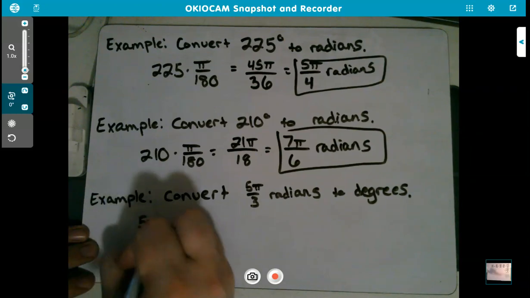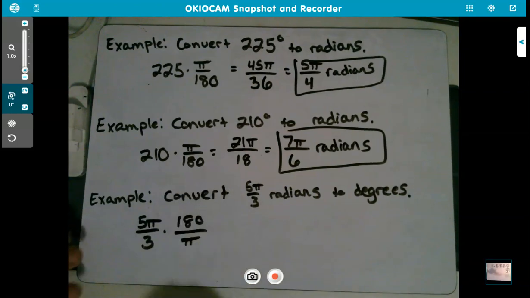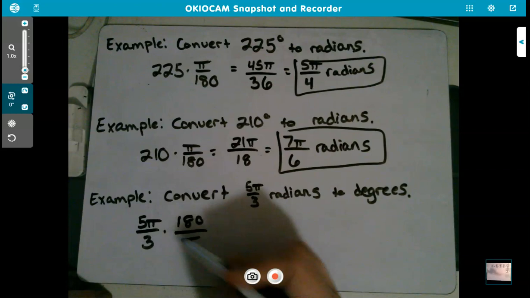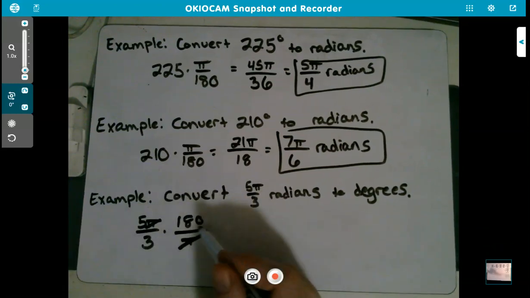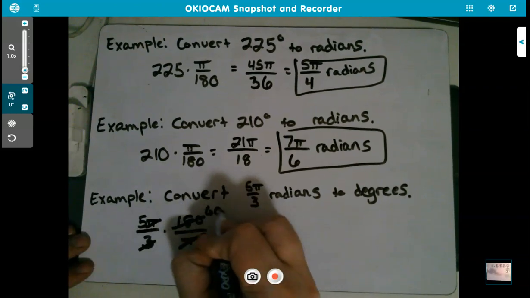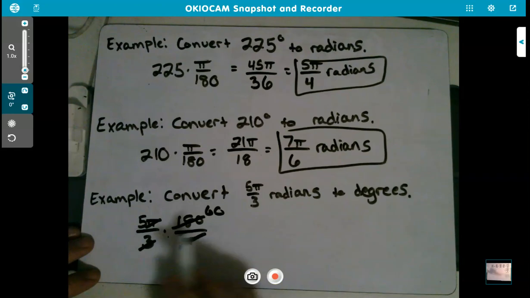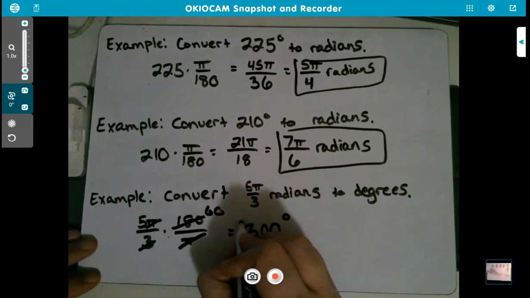So 5 pi over 3 times 180 over pi. And let's see how I can reduce this, okay? First things first, I see I have a pi there and a pi there, so cancel out that pi. And then I can do 180 divided by 3, which is 60. So all I have left is 5 times 60, which is 300. So 300 degrees.